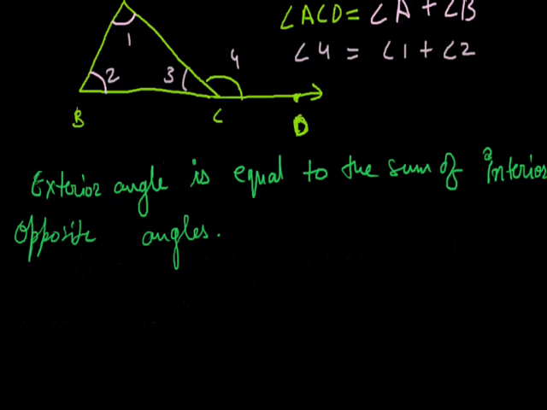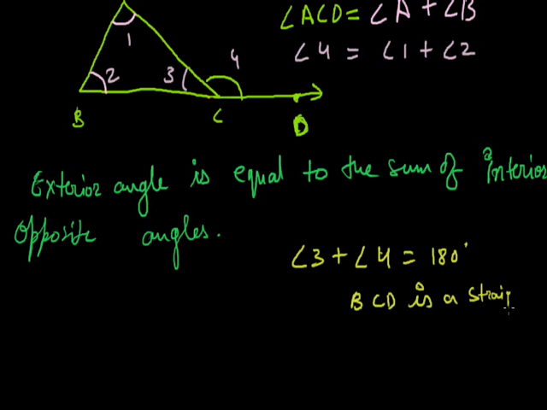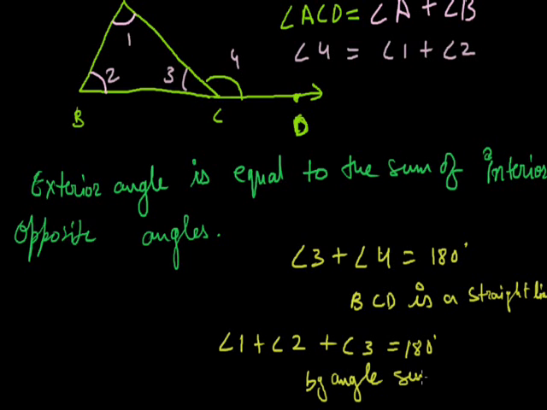The proof of this theorem is very simple. We can see that BCD is a straight line. Therefore angle 3 plus angle 4 will be equal to 180 degrees, as BCD is a straight line. We also know angle 1 plus angle 2 plus angle 3 is equal to 180 degrees by the angle sum property.